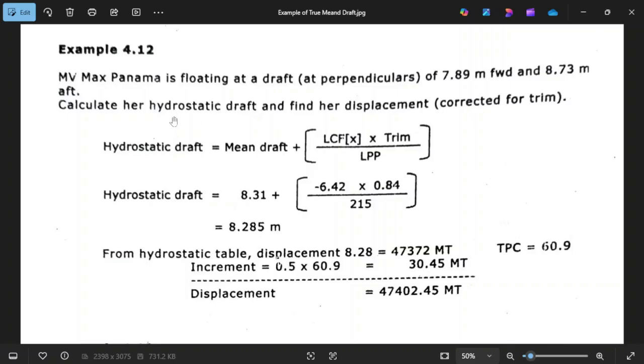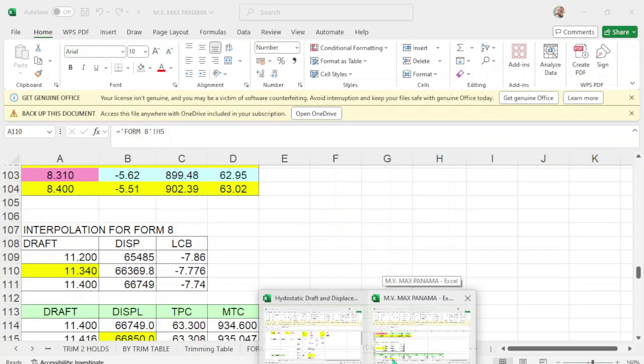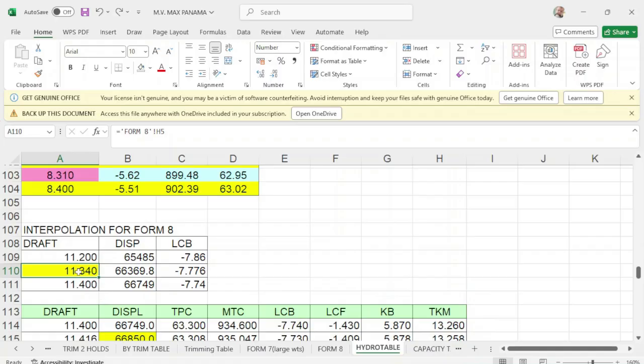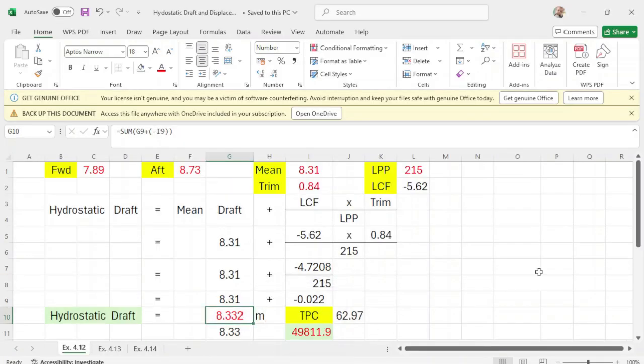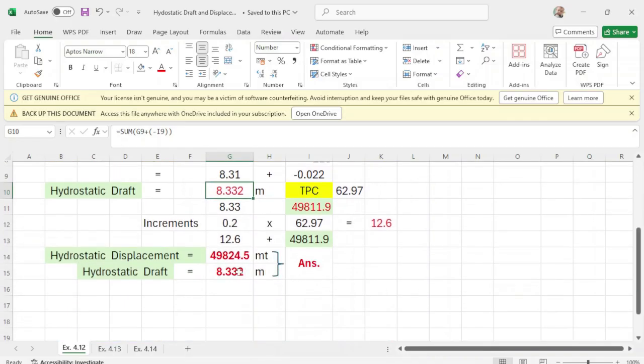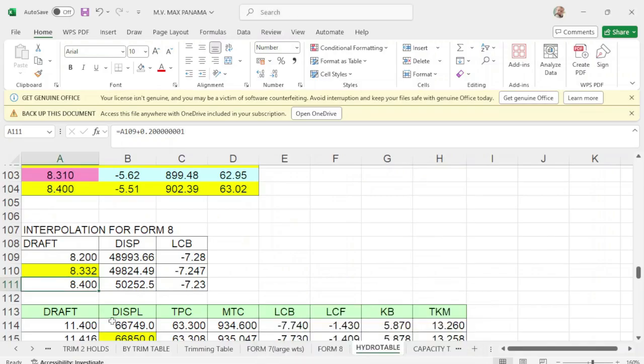But we have the same drop here, and I can confirm from my program that 8.332 is the same figure as this one, 49824, according to my program. So that's confirmed. Put it back.